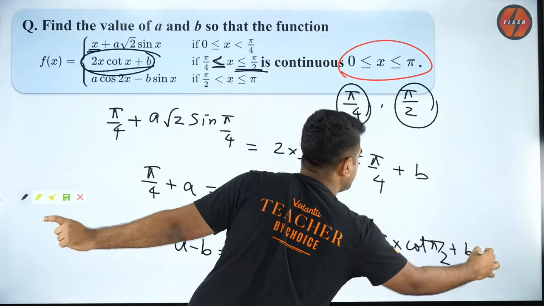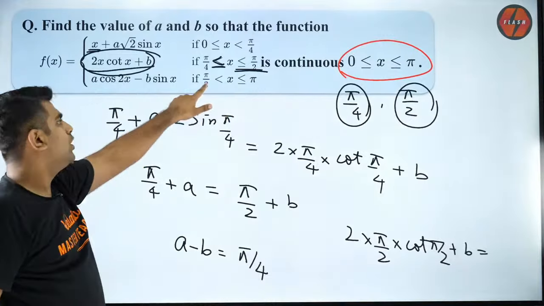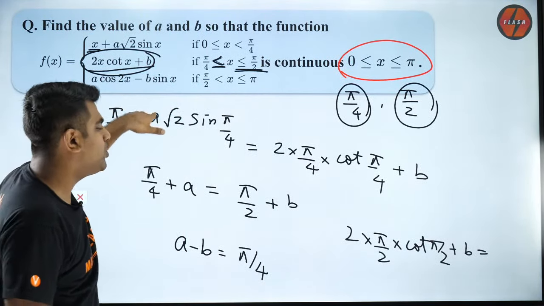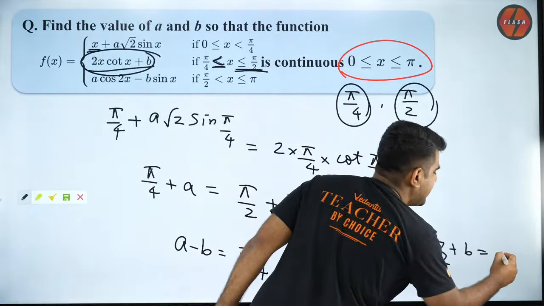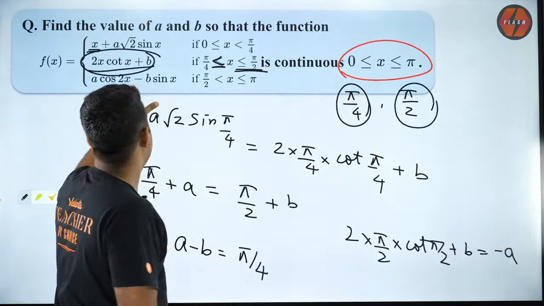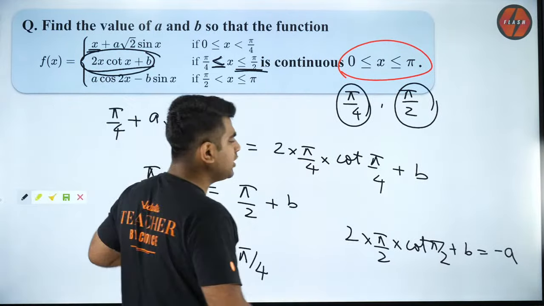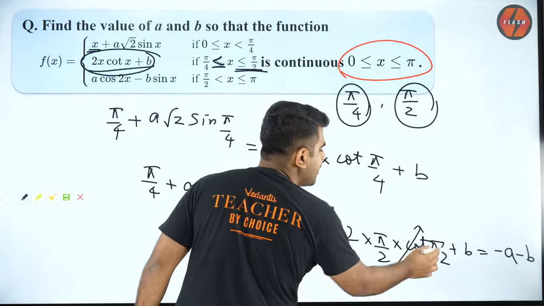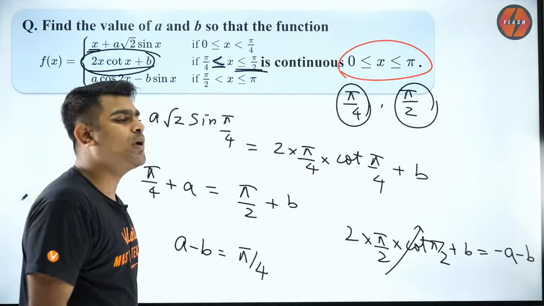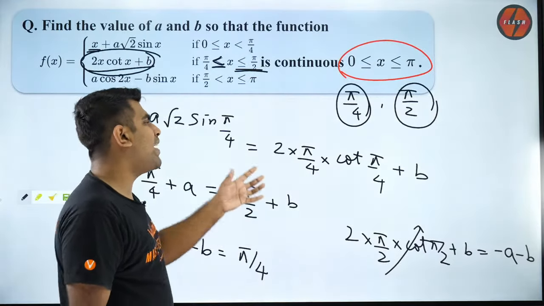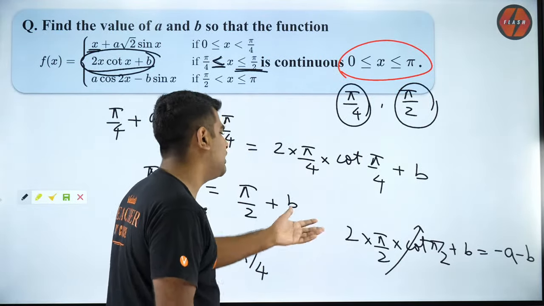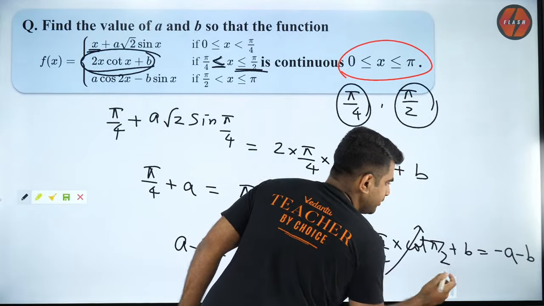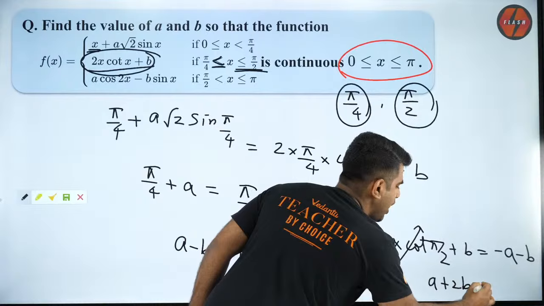And that should be equal to the right hand limit at pi by 2, which will be a cos 2 pi by 2, which is a cos pi, which is minus a, minus b sin pi by 2, which is just minus b. The left side will be 0 because cot pi by 2 is 0. Why is cot pi by 2 zero? Because it is cos pi by 2 by sin pi by 2, and cos pi by 2 is 0, we know that. So I'll get 2b plus a, so a plus 2b is equal to 0.